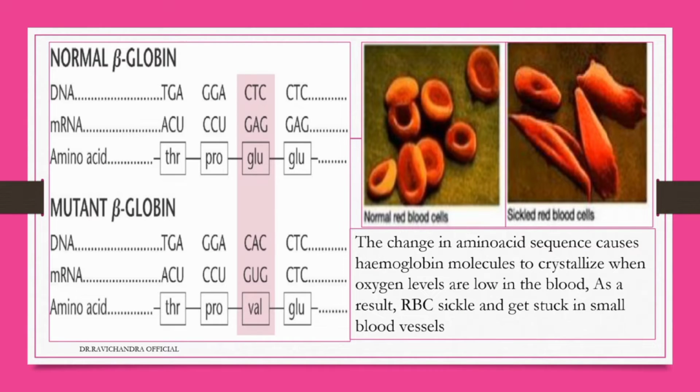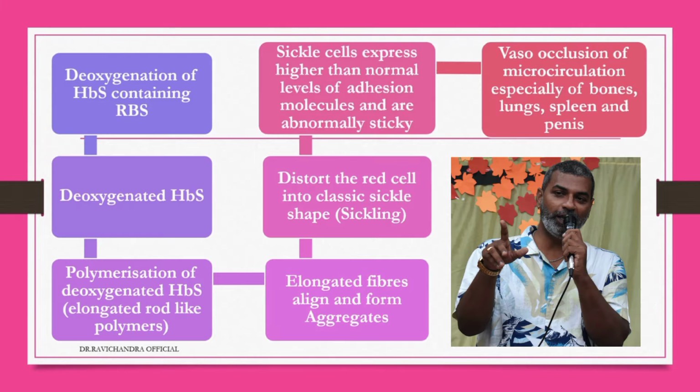The change in amino acid sequence will cause hemoglobin molecules to crystallize when oxygen levels are low in the blood. As a result, RBCs will get sickled and get stuck in the small blood vessels.